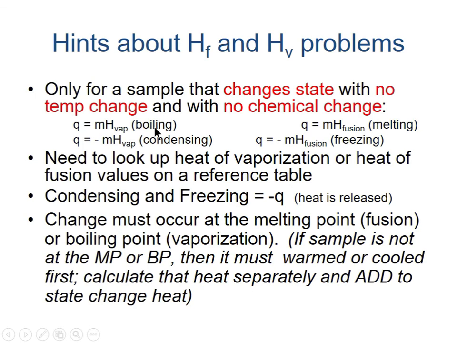So the boiling equation is Q is equal to the mass times the heat of vaporization, but the condensing, which is the reverse process, I have a negative sign in front. Same thing with melting and freezing. And again, I'm going to have to look up those values. If I don't know the heat of vaporization or heat of fusion for a substance, it may be something I have to go to a reference table for.